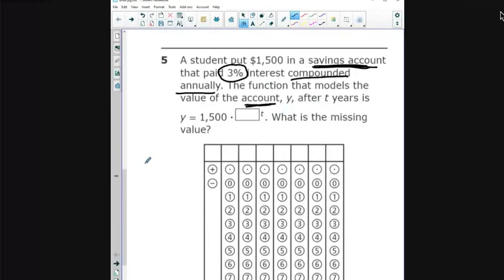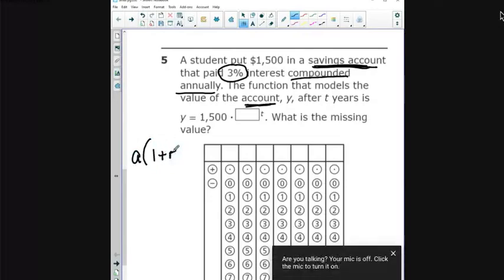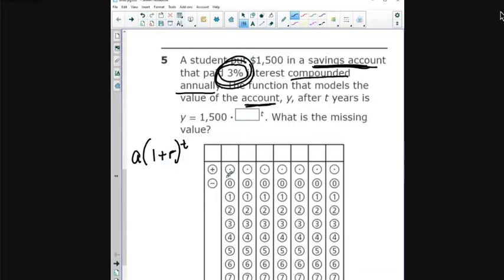So it is a growth, which means you're going to have a times 1 plus the rate to the t power. So then you have to add the 1 to the percent. So what's your final answer then?